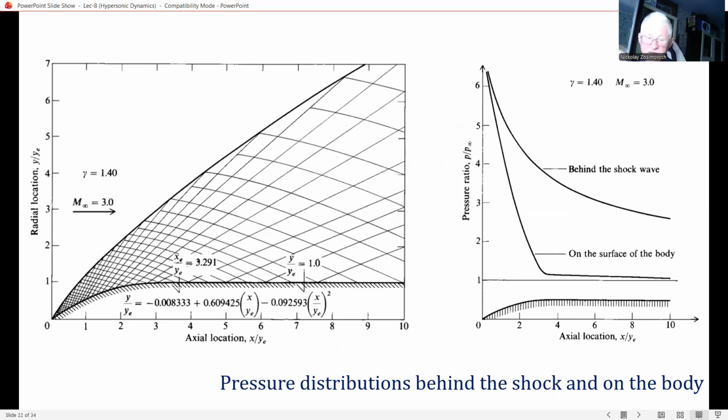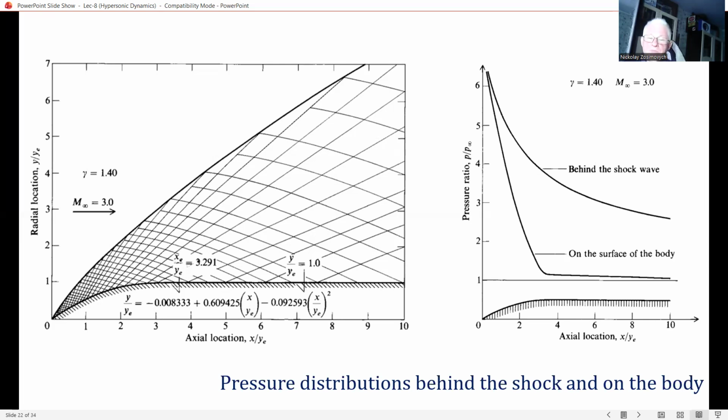In this pressure distribution, you may reflect it on the right side. But note that the pressure behind the shock is higher than along the body. And this is another example of the normal pressure gradient necessary to balance the centrifugal force along curved streamline.